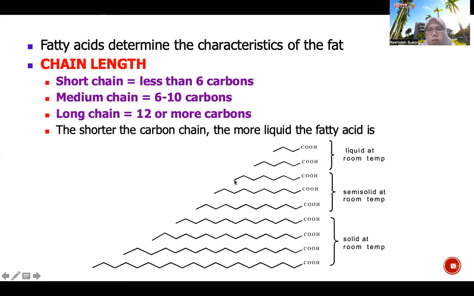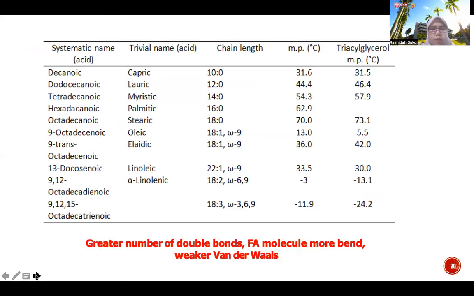Just look at this diagram. This one shows the table of greater number of double bonds. The greater the number of double bonds, the more bent the fatty acid molecules are. More bent means it does not stay straight, because of the nature of the molecule.